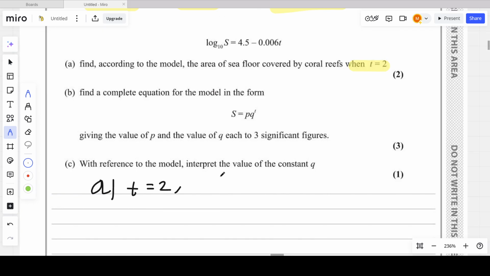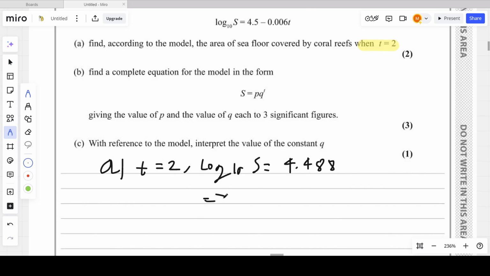You will get log base 10 S equals 4.5 minus 0.006 times 2, that would give 4.488. So the value for S, the area covered, is 10 to the power of 4.488.